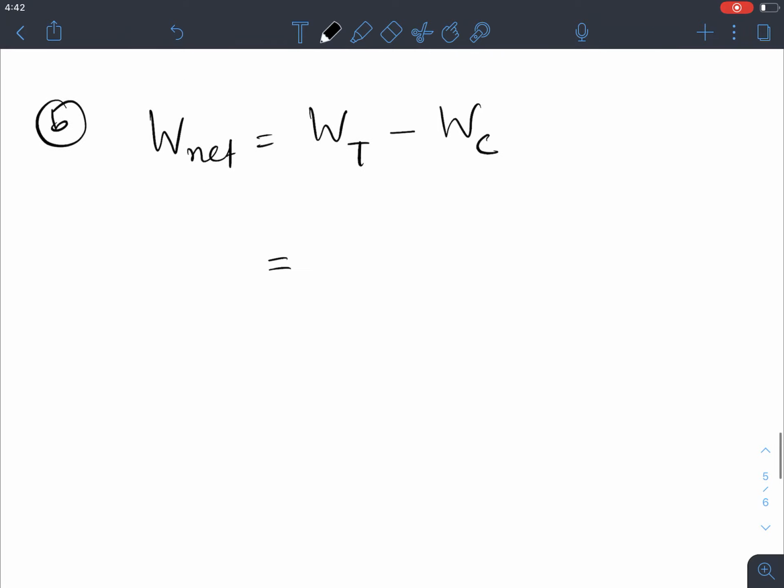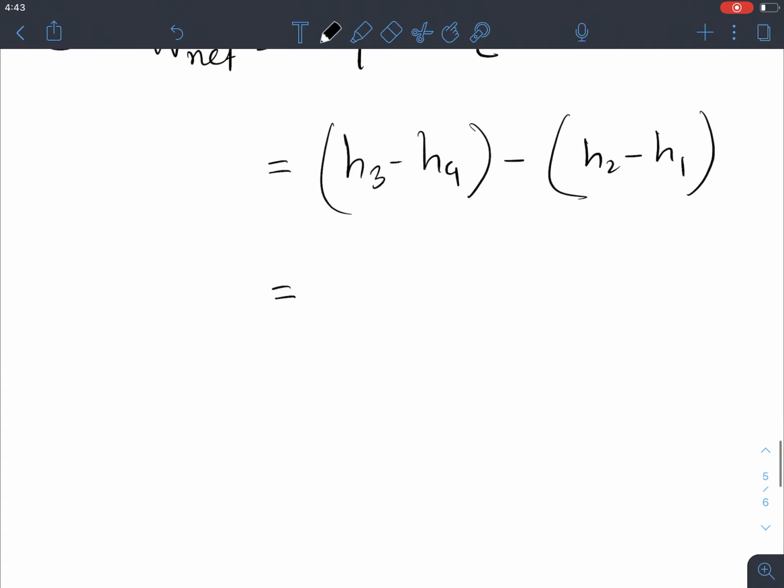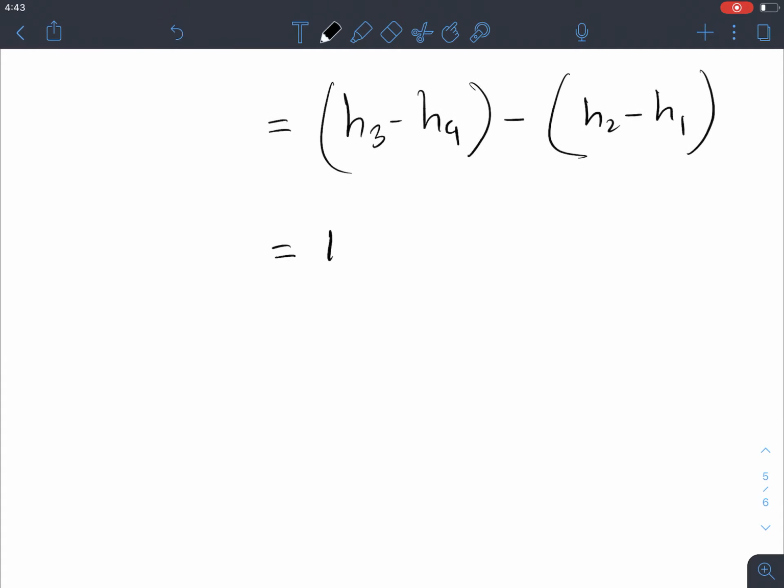So W net equals W turbine minus W compressor, right? The turbine work is H3 minus H4, minus the compressor work, which is H2 minus H1.